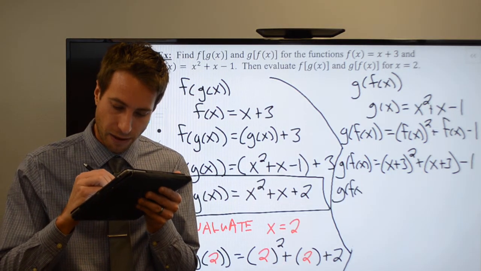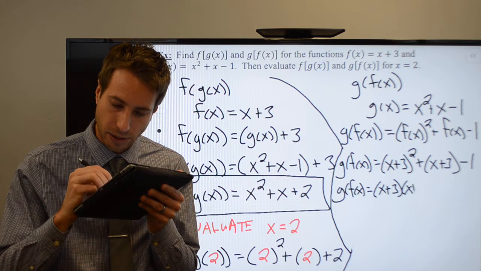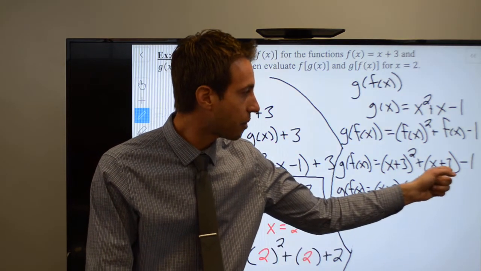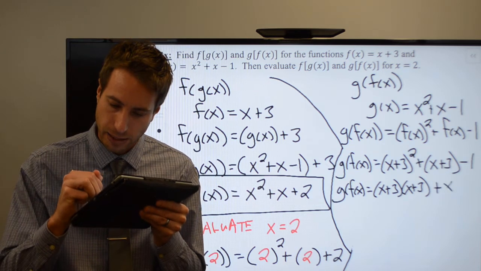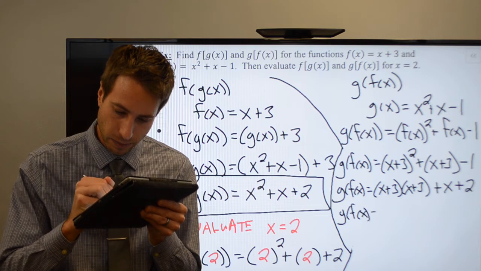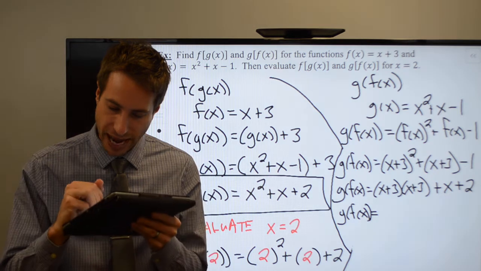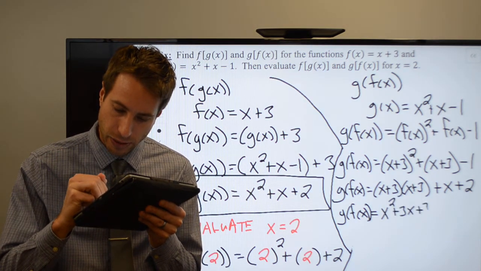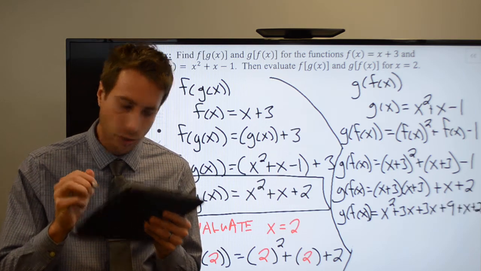g of f of x is equal to x plus 3 times x plus 3. And let's take care of all this. I have plus x plus 3 minus 1, which would be a plus 2. So plus x plus 2. FOIL this out. You're going to wind up with x squared plus 3x plus 3x plus 9, plus x plus 2, which were already there.